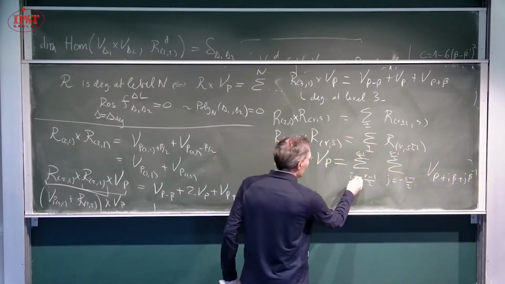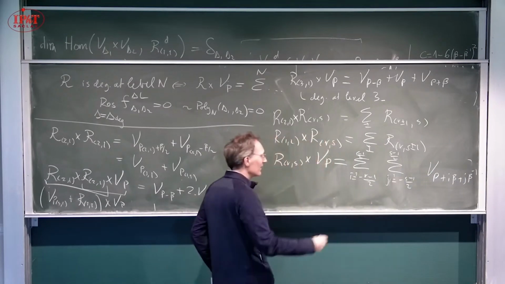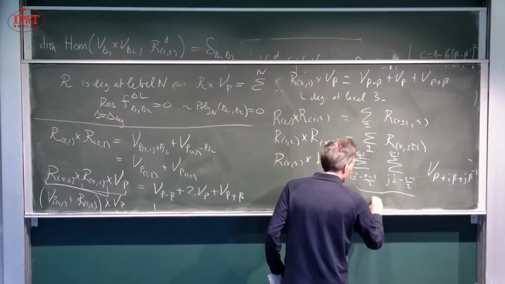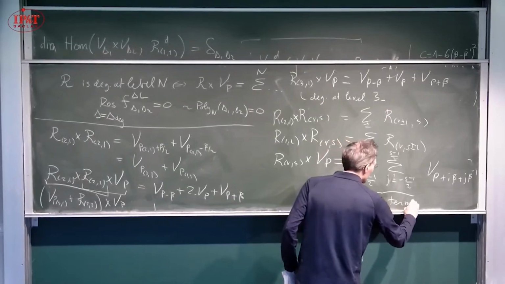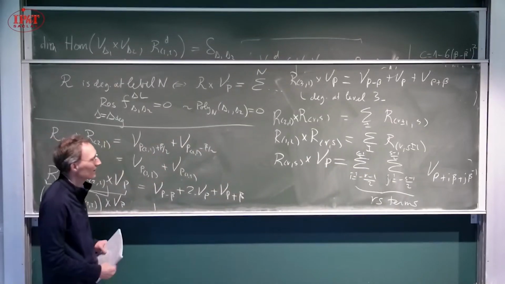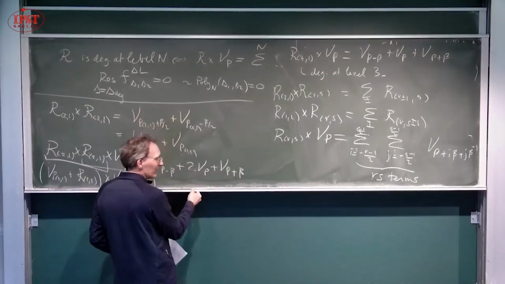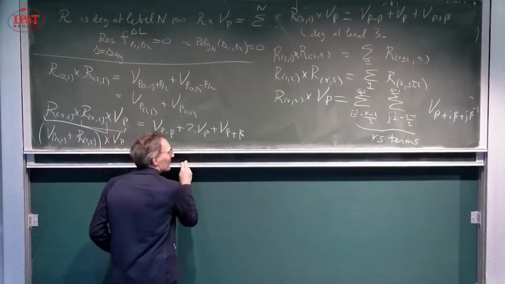So here the sums run by increments of 1. And this tells you that you have R times S terms in these sums, as you would expect for a degenerate representation with additional vectors at R S.